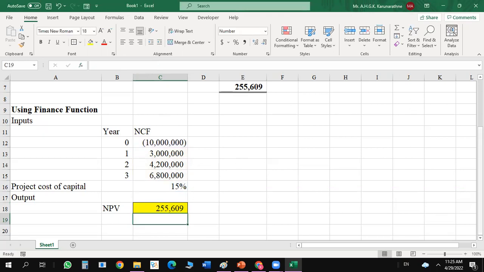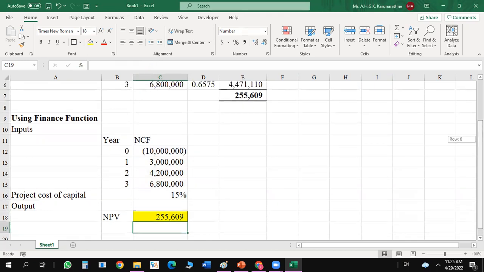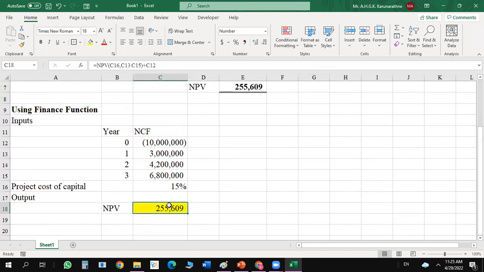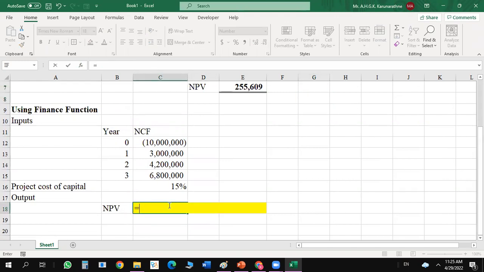So this is the way we compute manually, and this is the NPV according to our manual approach, our usual approach. And this is the same NPV gotten using the formula. I'll again explain how to use it. Type an equal sign, as we usually put at the beginning of any formula, then NPV.